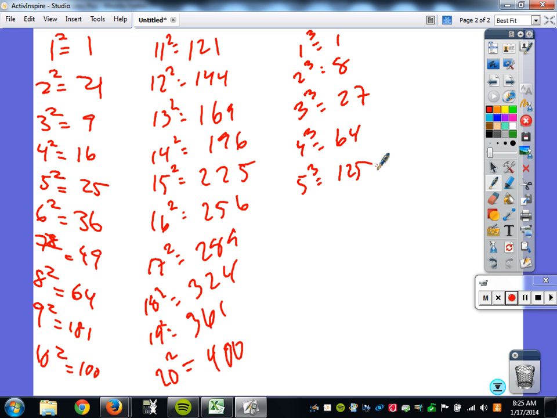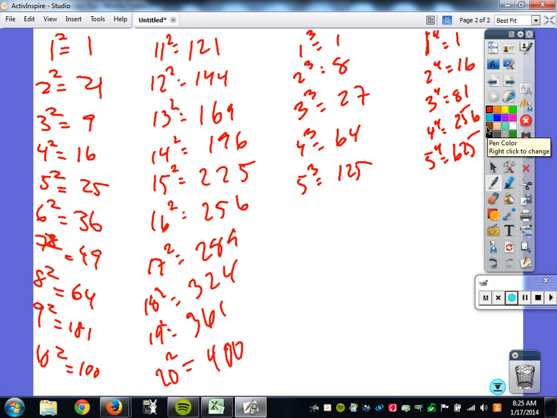And then on the fourths, 1 to the 4th is 1, 2 to the 4th is 16, 3 to the 4th is 81, 4 to the 4th is 256, and 5 to the 4th is 625. That is what I'm asking you to memorize.